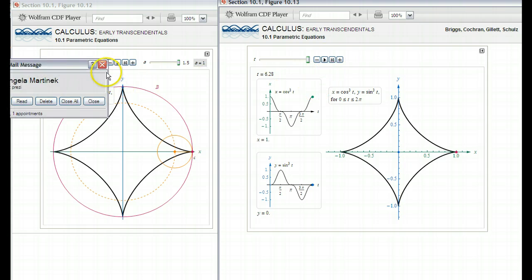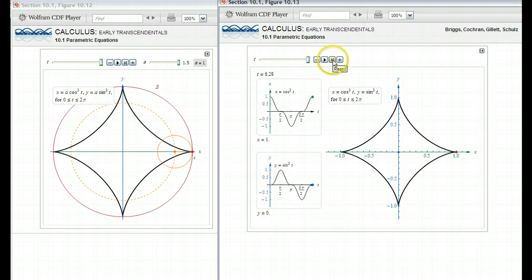Let's reset our player here. As t progresses through the interval, the ordered pairs being produced are exactly the point that the red dot is on. Notice that x was 0 and y was -1 when we were at this lower point on the asteroid.